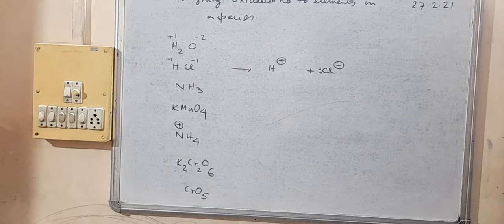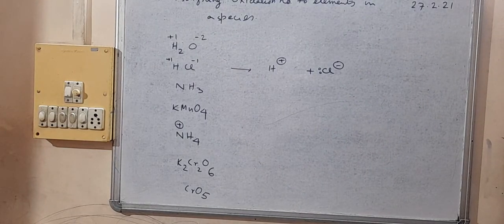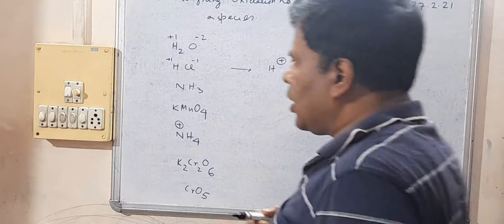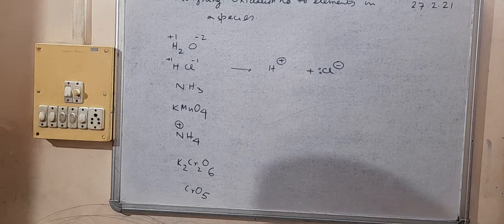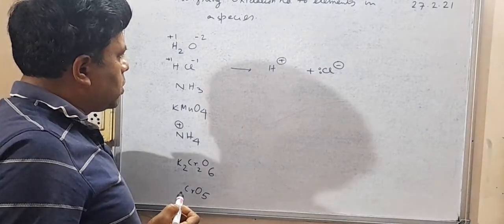2. Now there are certain guidelines you will find in your NCERT book, by which we can easily assign oxidation numbers to elements in a species.